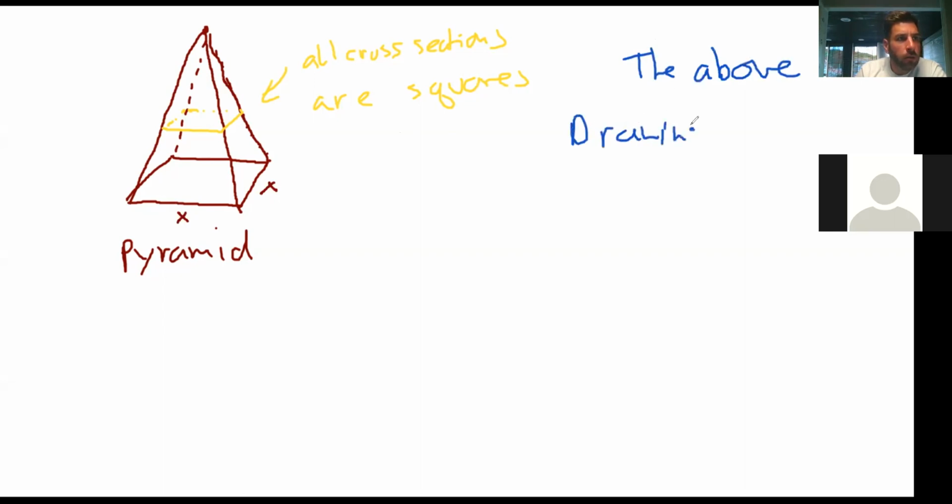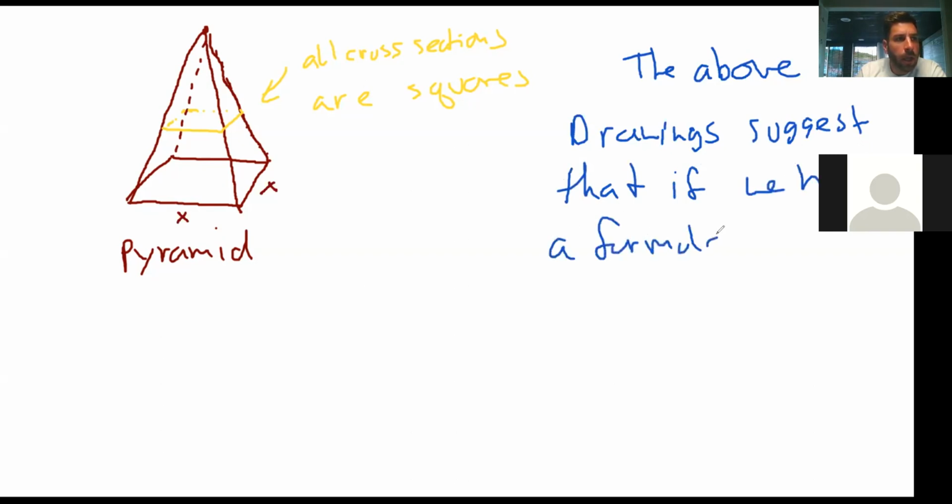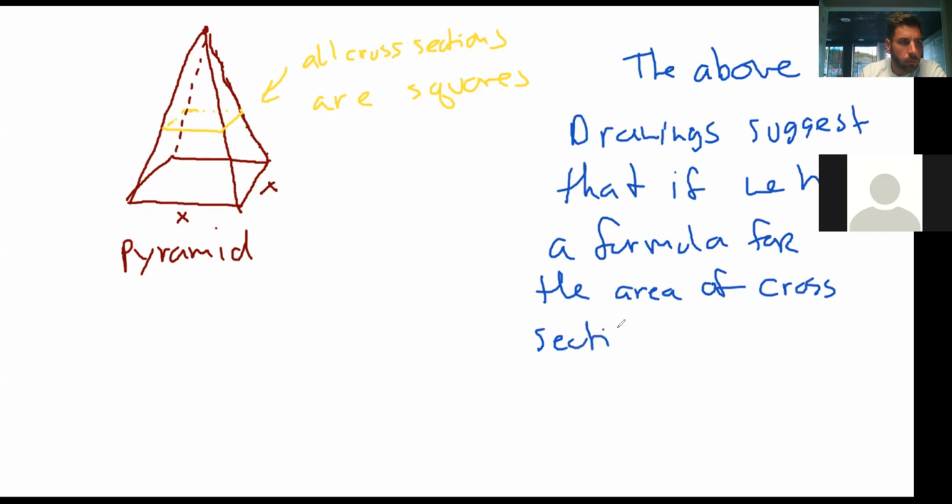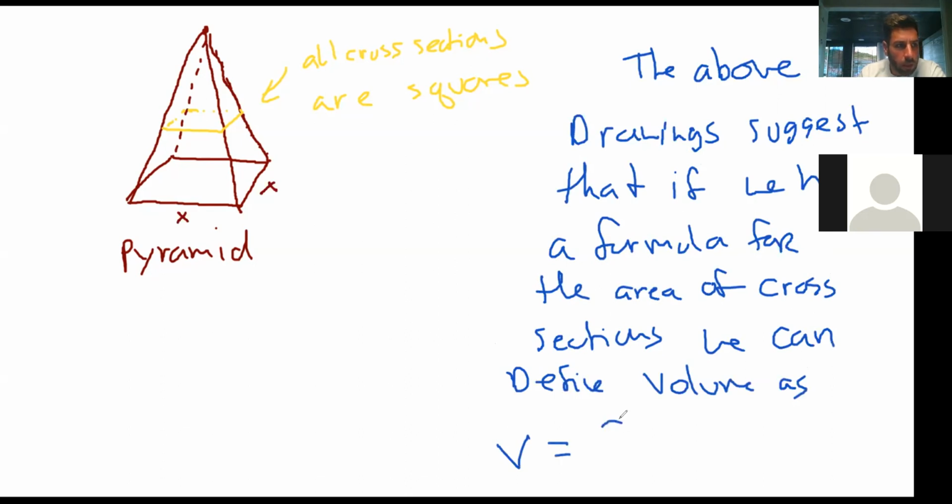The above drawings suggest that if we have a formula for the area of cross sections, we can define volume as the following. Volume equals some integral from one point to the next of the area formula of the cross sections.